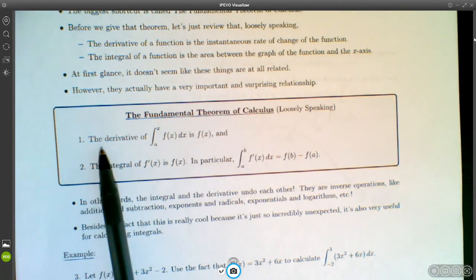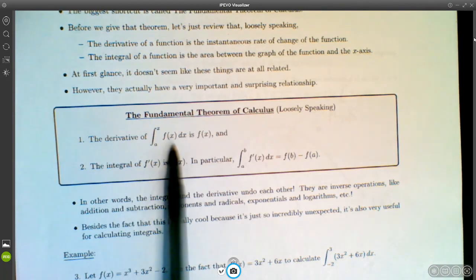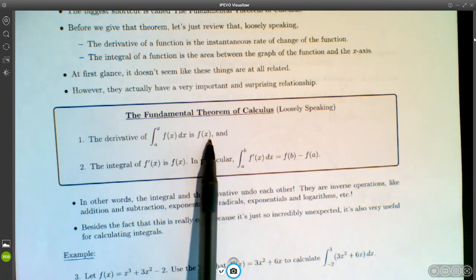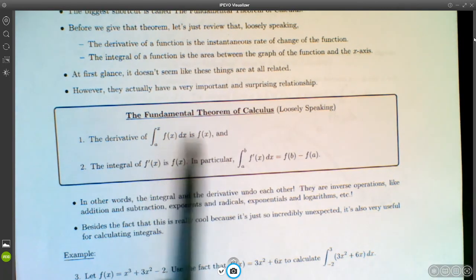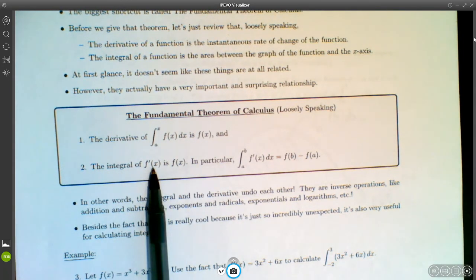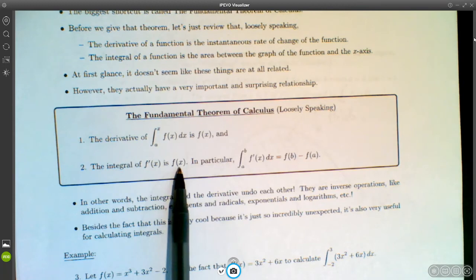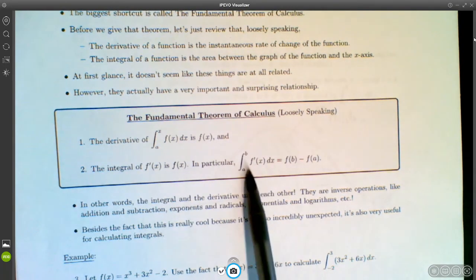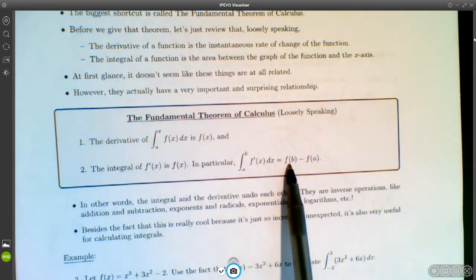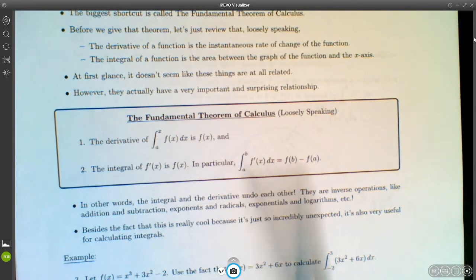So here's what the fundamental theorem of calculus says, loosely speaking. The derivative of the integral of a function is just the original function. On the other hand, the integral of the derivative of a function is just the original function back. In particular, if you're taking the integral from a to b of f prime of x, that's just f of b minus f of a.